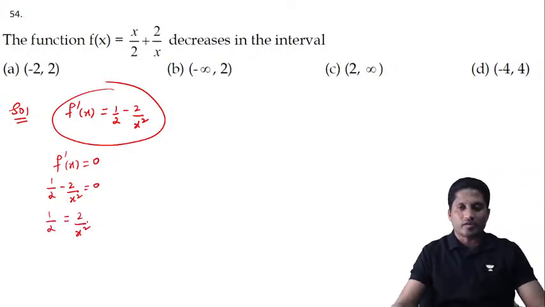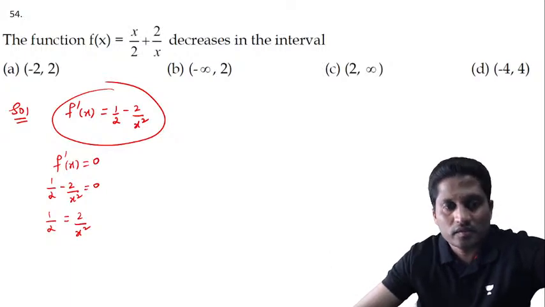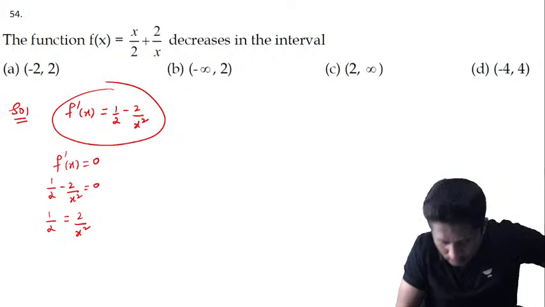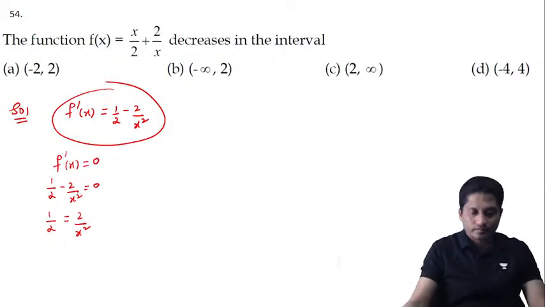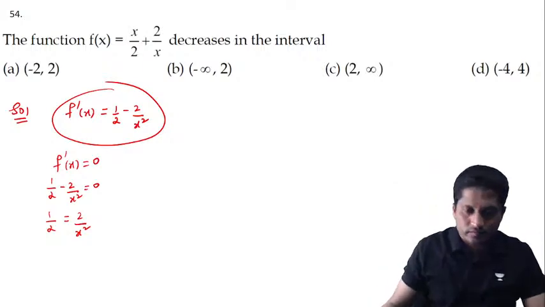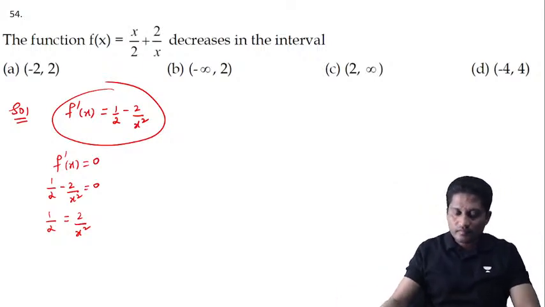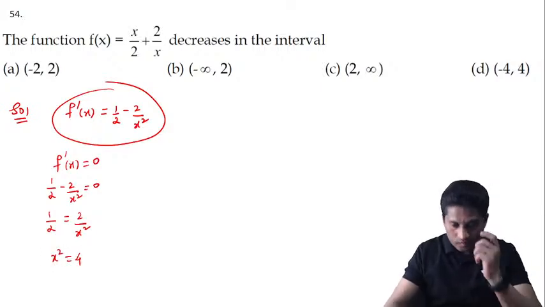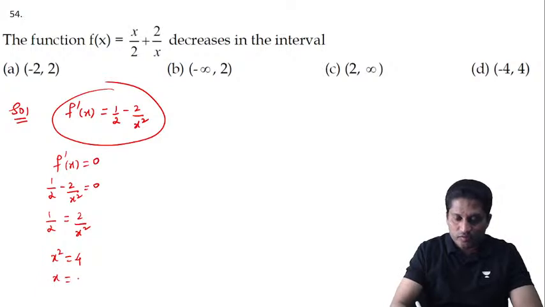If I cross multiply, I'll get x square is equal to 4, and x is equal to plus minus 2.